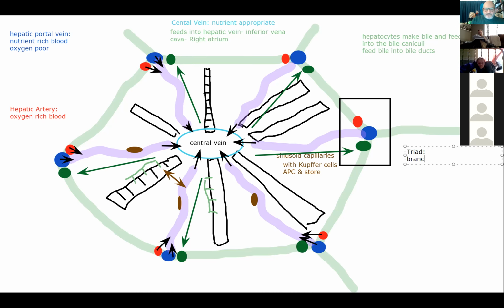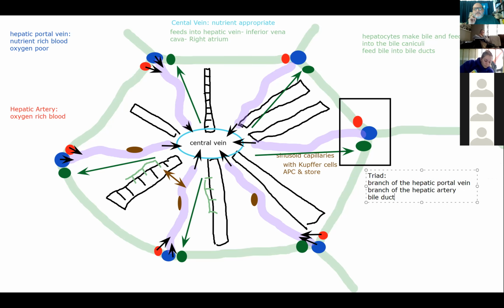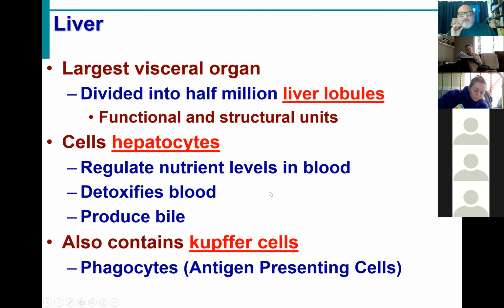A branch of the hepatic portal vein, a branch of the hepatic artery, and a bile duct. And these three structures collectively form our triad, which, if you notice when we go back to our illustration, we'll get to that in a second.